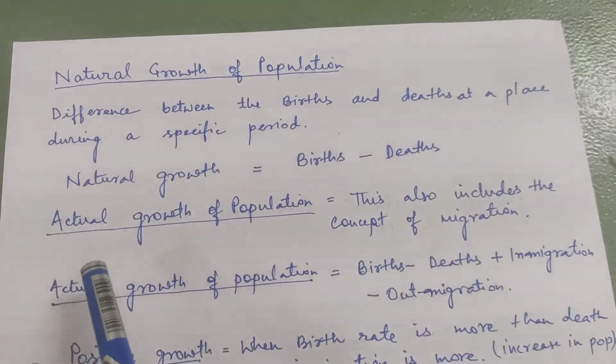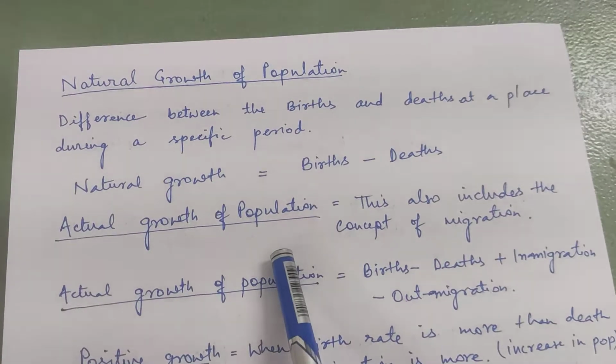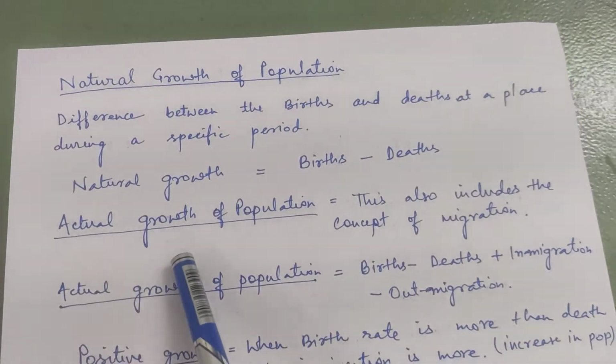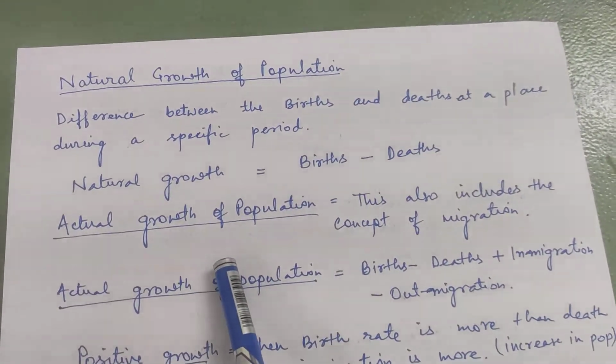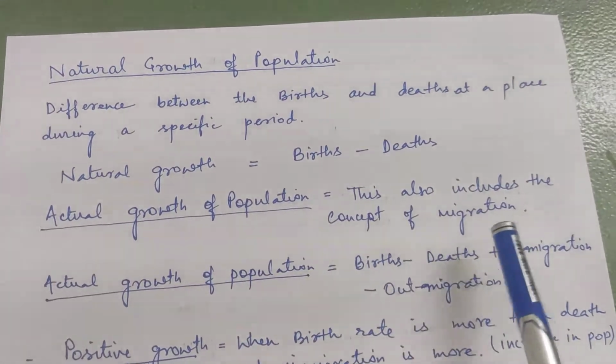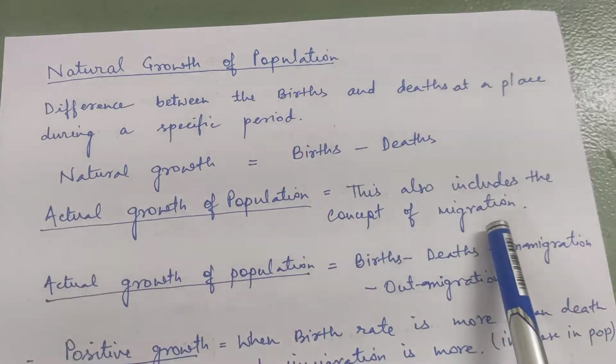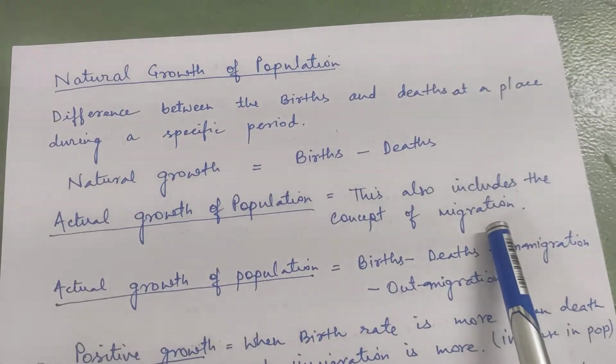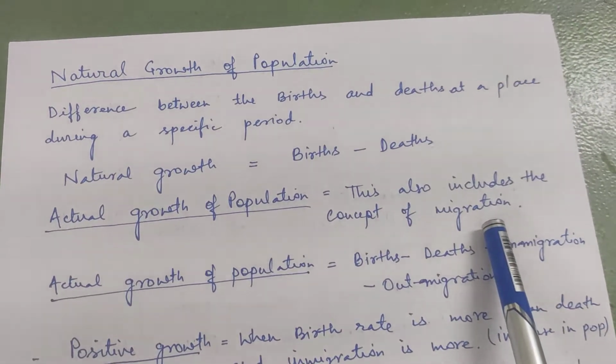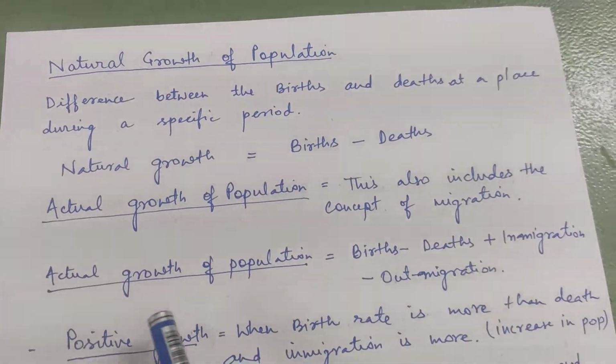Then actual growth of population. In actual growth of population, one more component is included, that is the concept of migration. Migration is a component which instantly changes the population of an area.